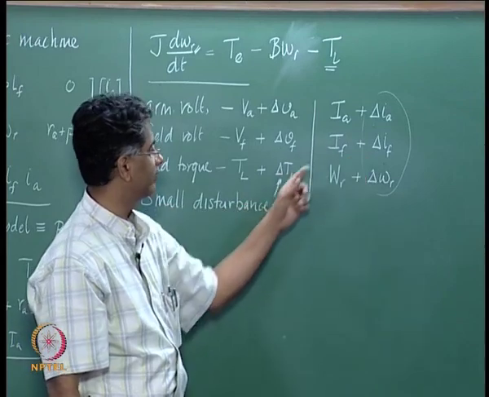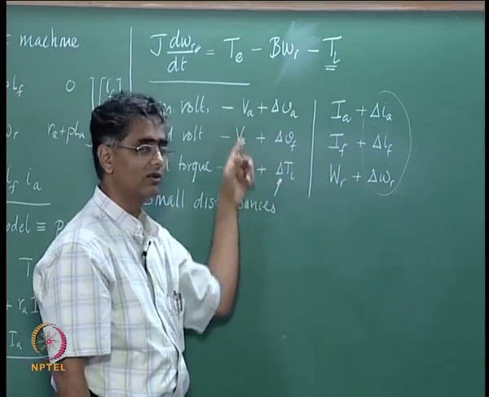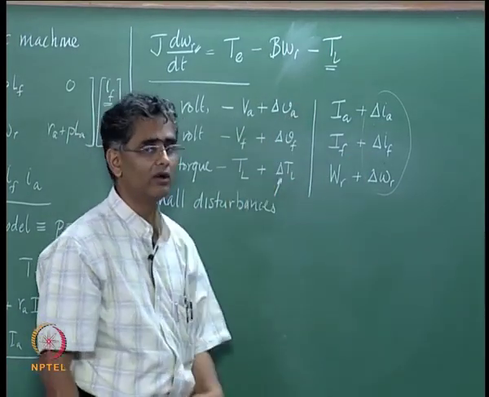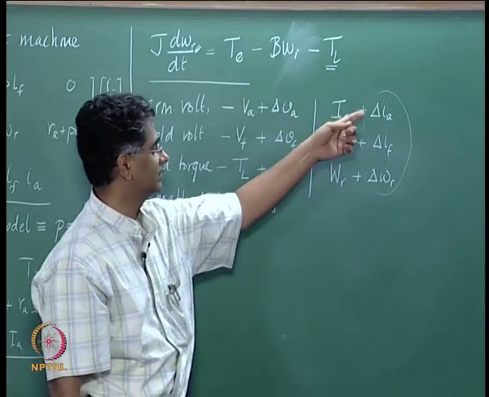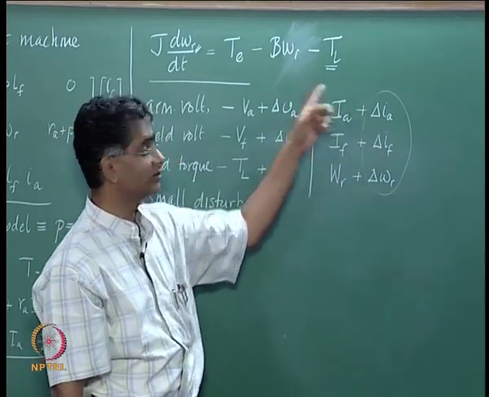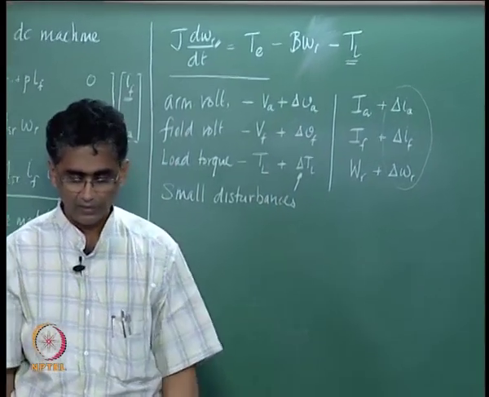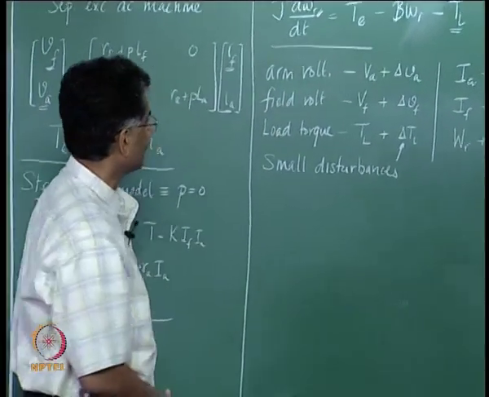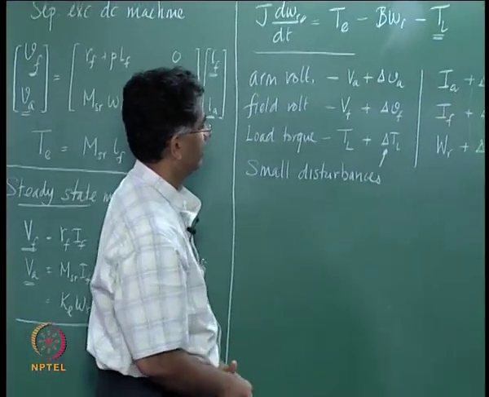Similarly, delta If would be the simultaneous result of all three being applied. One can't isolate it as saying delta Ia results only because of delta Va. So, how do we now go ahead?